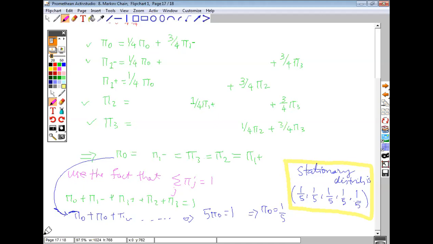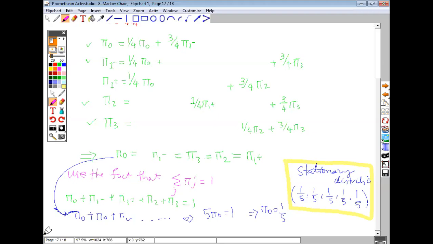So let's say if I now ask you, in this particular NCD model, given that I have started at state 2 today, what is the chance that I will observe myself at state 2 in 100 years down the line? You won't have to multiply the matrix 100 times. You can just expect that the probabilities become stationary, and the answer will just be 1/5.